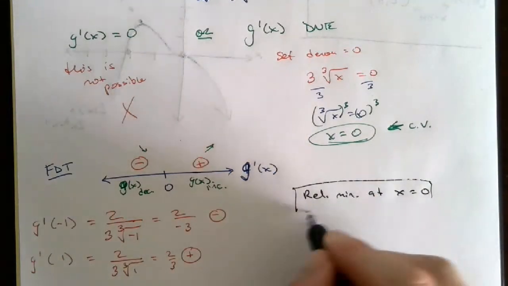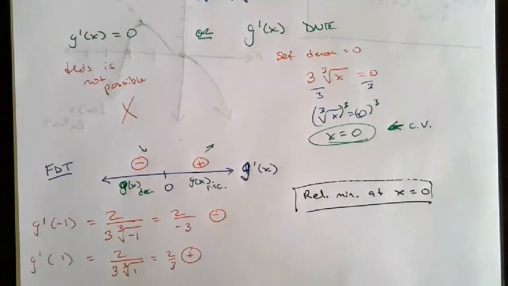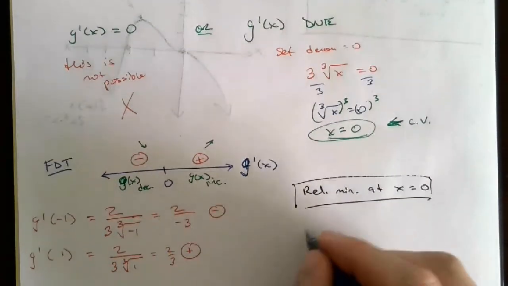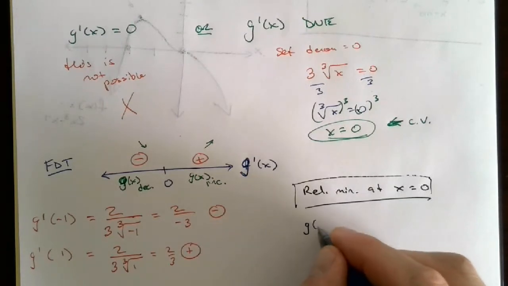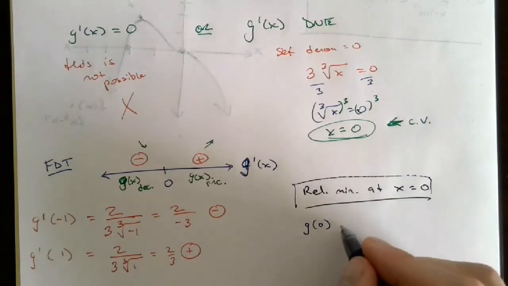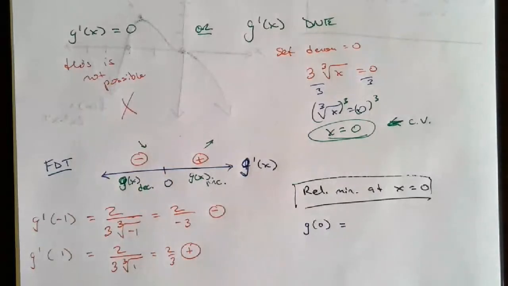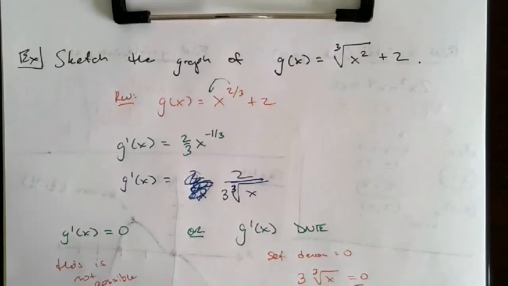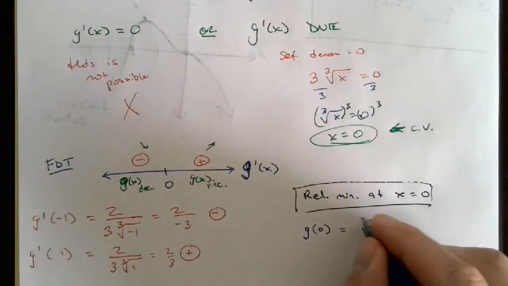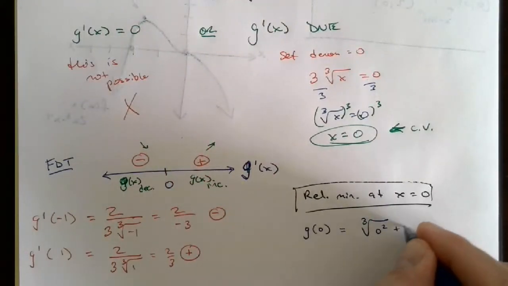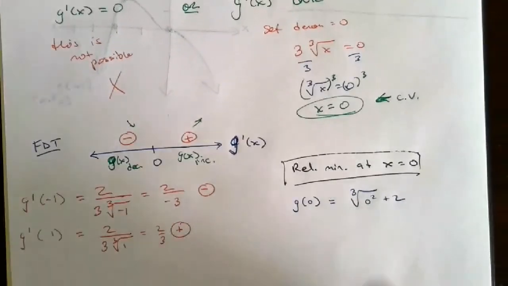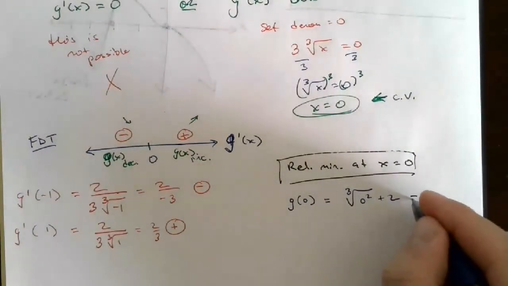Remember, you want the corresponding y value. To find the y value, remember what you do, you sub into the original. So, all right, we want g of 0 now. Well, g of 0, we're subbing back into g of x, which was the cubed root of x squared plus 2. So it's the cubed root of 0 squared plus 2, which just ends up being 0 plus 2, which equals 2.